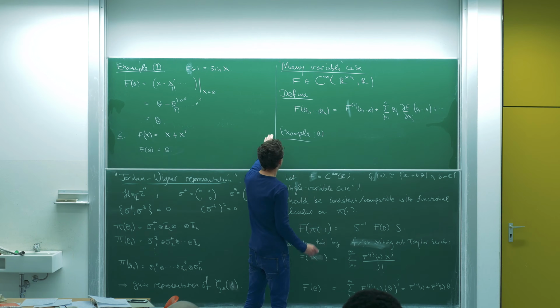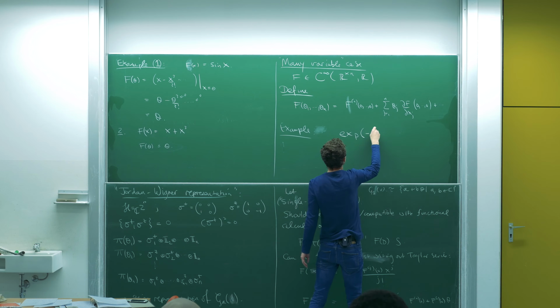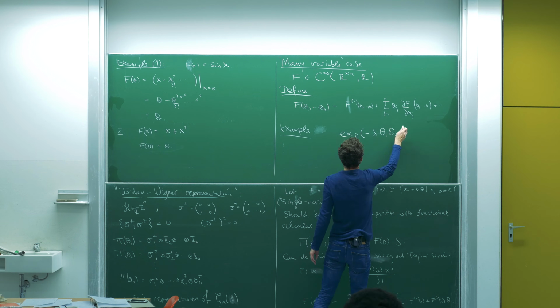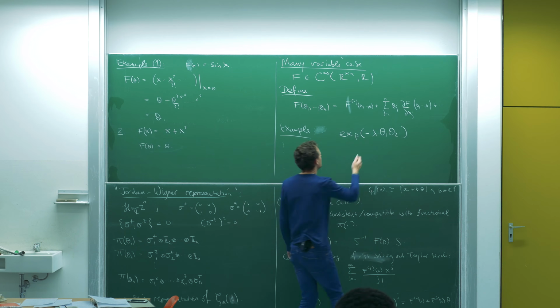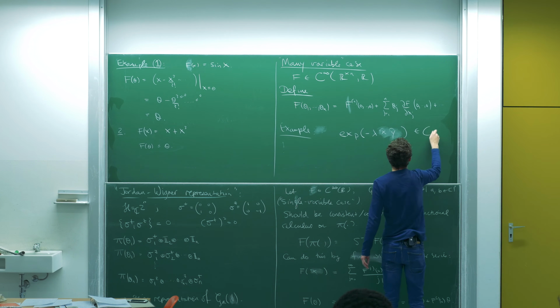So I call it, why bother with the 1? It's just the example. And our example is a Gaussian. Well, sort of a Gaussian. I'll put x, y here.